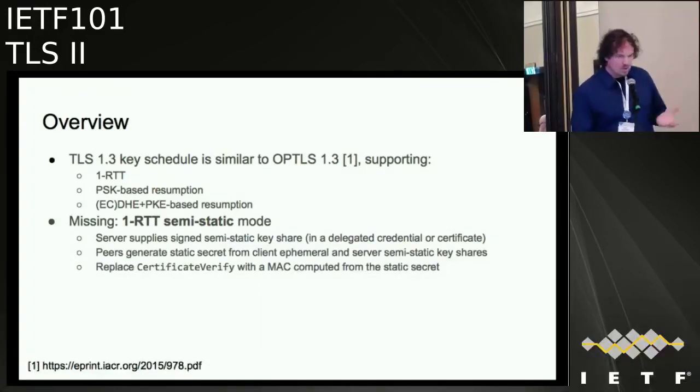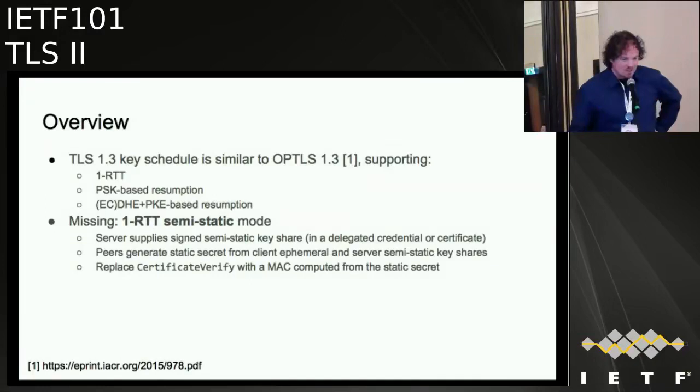So the TLS 1.3 key schedule has almost all the features that were in the earlier versions of the TLS drafts, except there's one additional mode, which is the 1RTT semi-static mode. This was in earlier versions of the TLS draft, and it was eventually removed due to complexity and due to the fact that there were two methods to do the same thing, which is resumption.